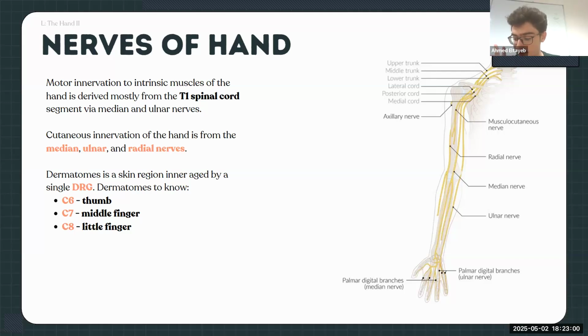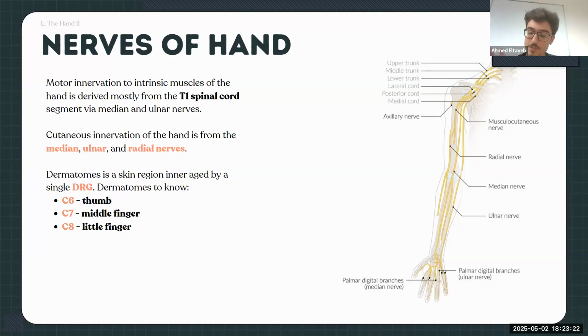The thenar component is innervated by median. The hypothenar is innervated by ulnar. These two lumbricals are ulnar. These two lumbricals are median. Now, all of these interossei are by the ulnar, and all these interossei are by the ulnar.